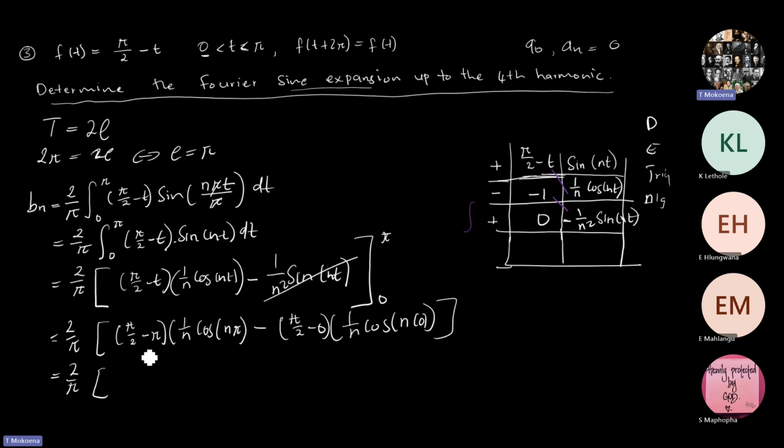What is 0.5 pi minus pi? In this bracket, we're going to get negative 1 over 2 pi, close the bracket. And then this side, we're going to have 1 over n cos n pi. Right? I hope you agree with me.